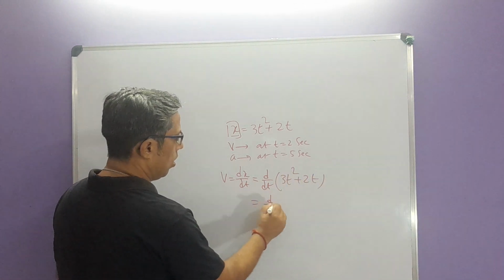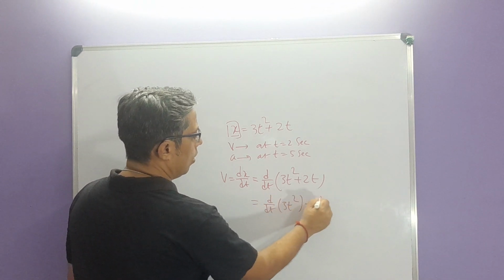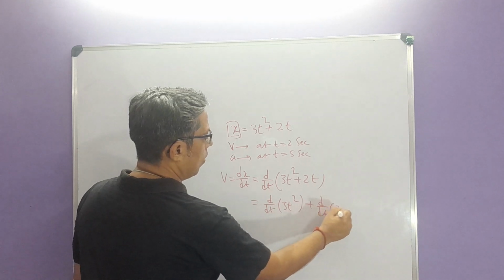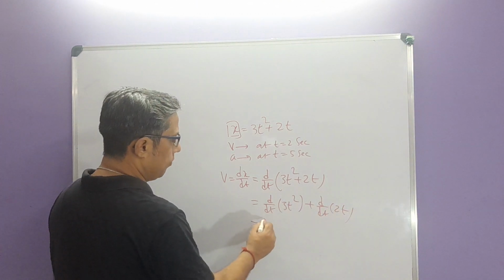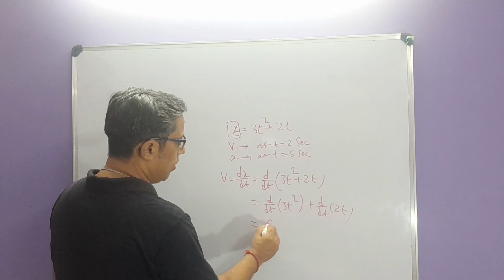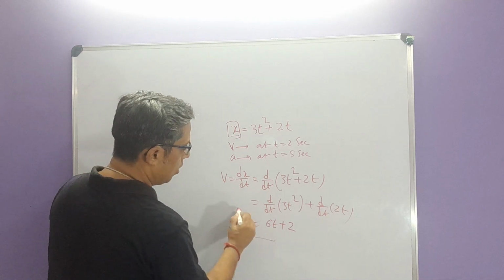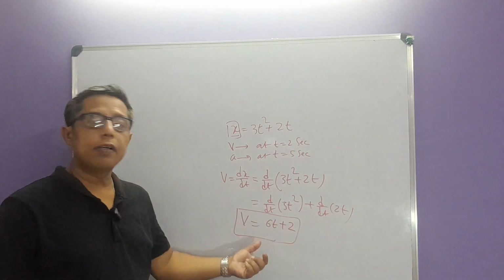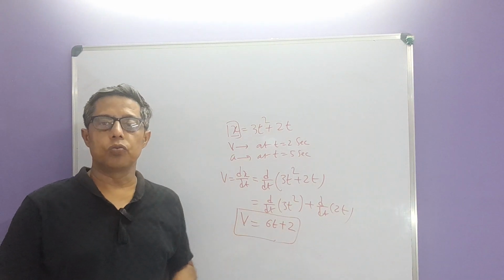So it will be d/dt of 3t square, then d/dt of 2t. It comes to 6t plus 2. So this is the expression of velocity: velocity becomes 6t plus 2.